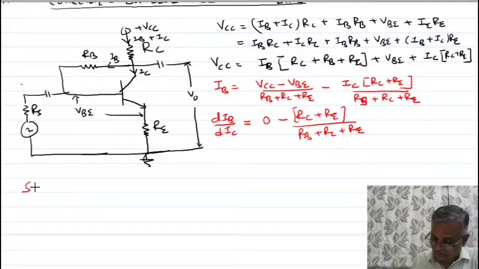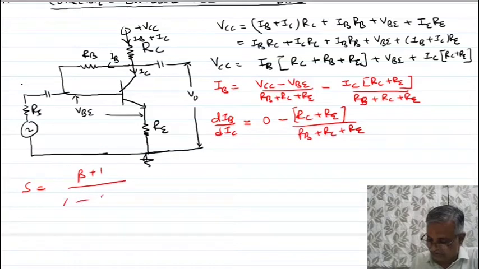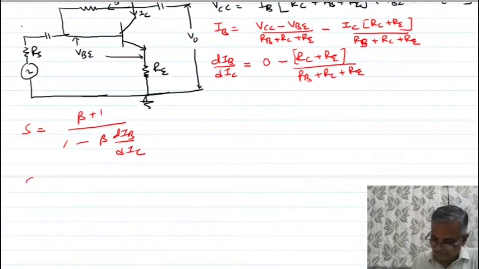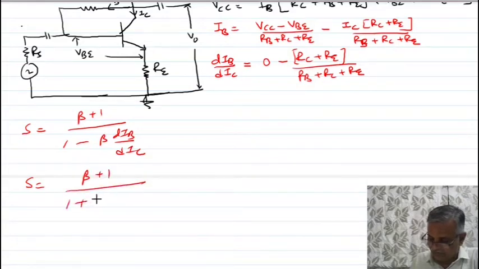So if I put this value in the equation of stability factor, then you are getting the value of S is (1 plus beta) into (RC plus RE) upon (RB plus RC plus RE).